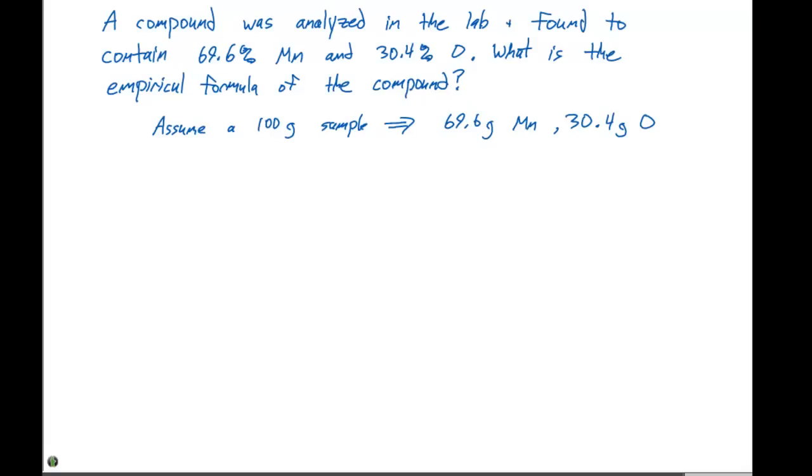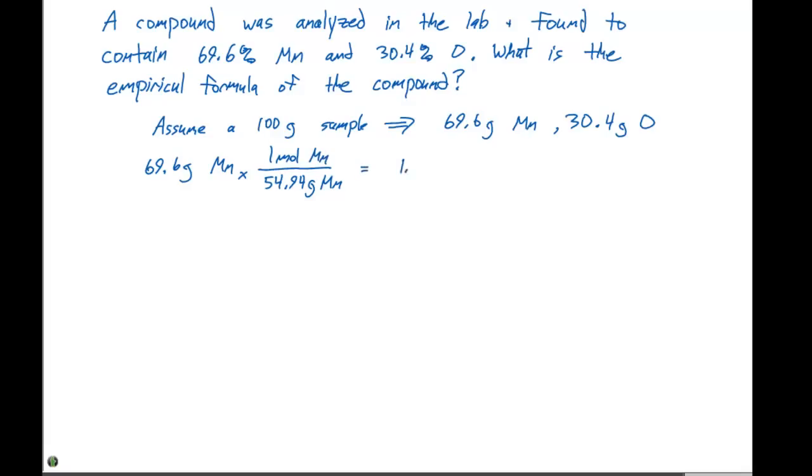So the next step is to convert each of these quantities in grams over to moles, because when we list a chemical formula, it lists the ratio of moles present. So here we have 69.6 grams of manganese times, if we look on the periodic table, there are 54.94 grams of manganese in 1 mole of manganese.